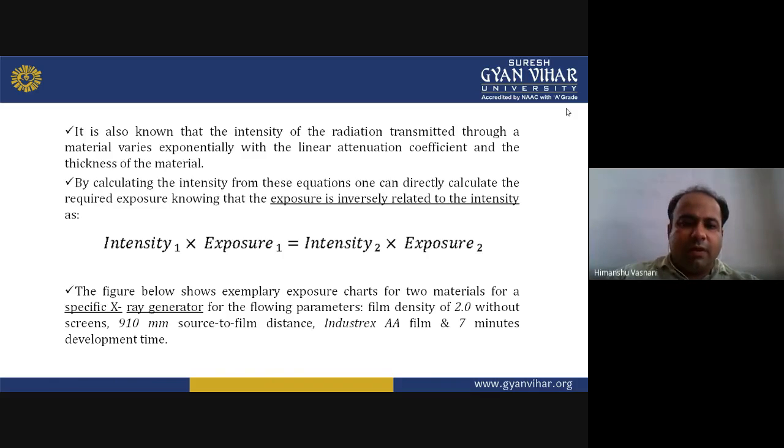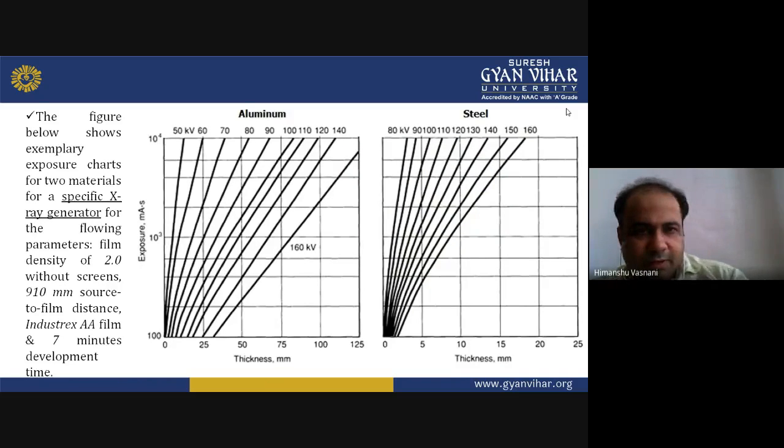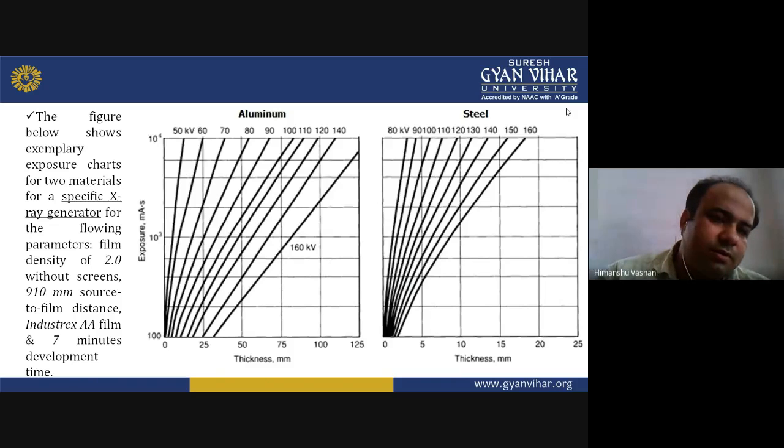Now I'll show you this figure. This figure has two materials, one is aluminium and one is steel. It shows exemplary exposure charts. You can see on the left hand side, on the vertical axis, there is written exposure.